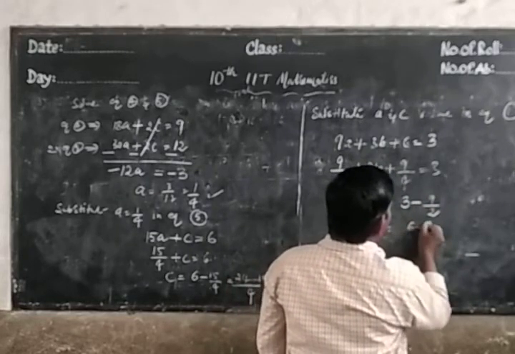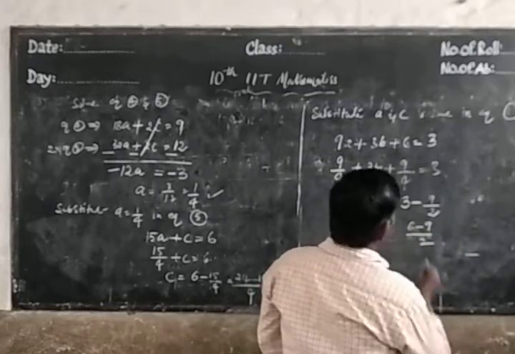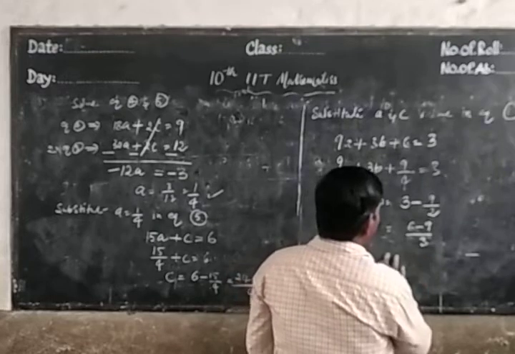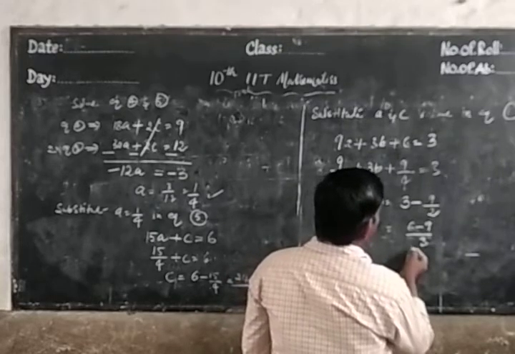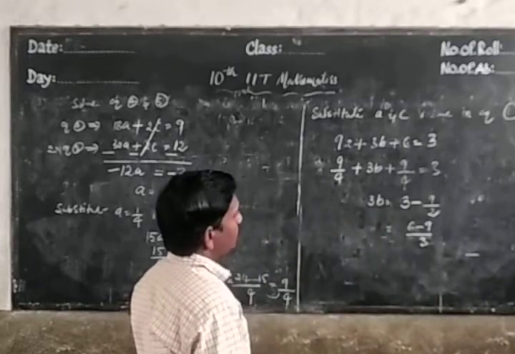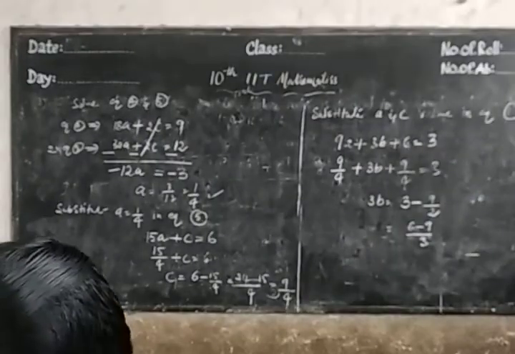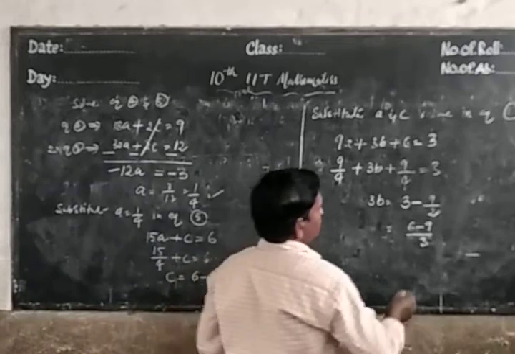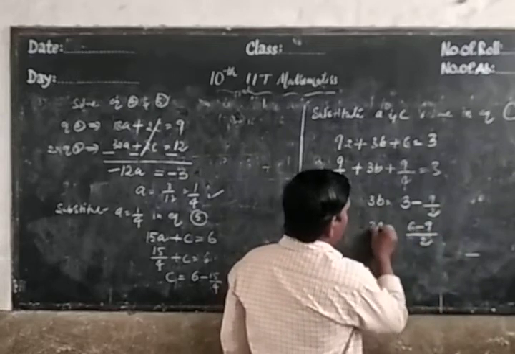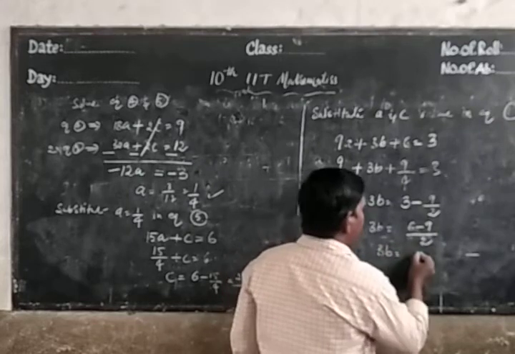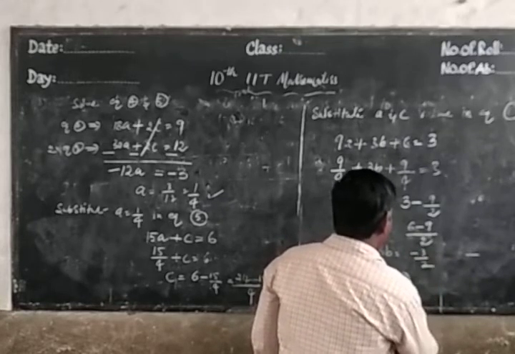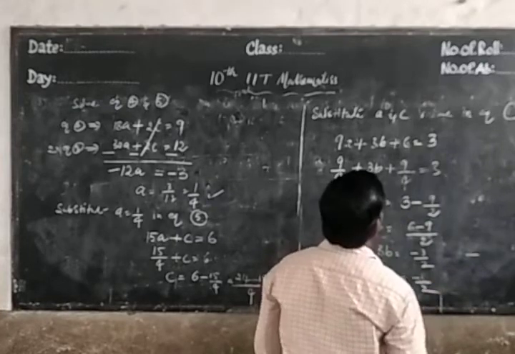That means 6 minus 9 by 2. 3b equal to minus 3 by 2. Now b equal to minus 1 by 2.